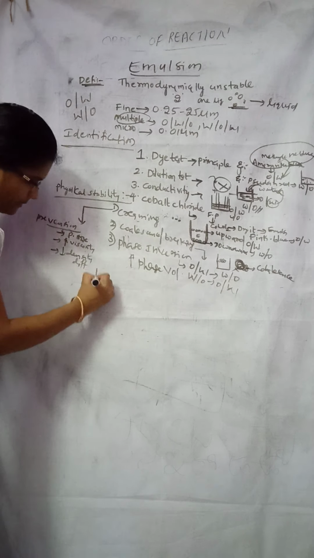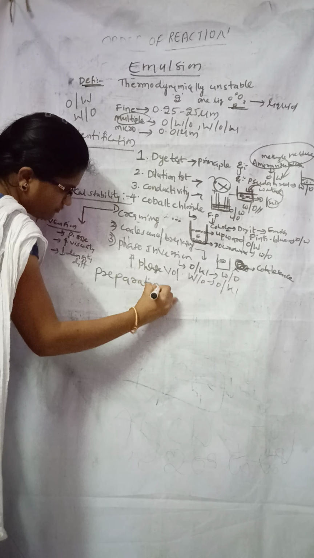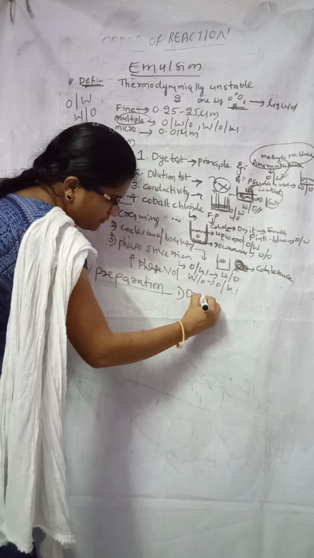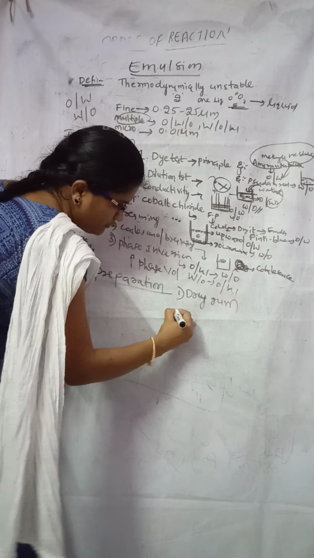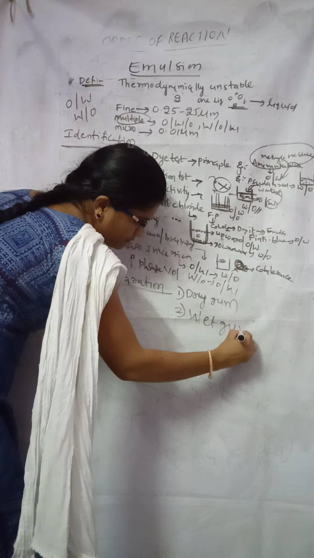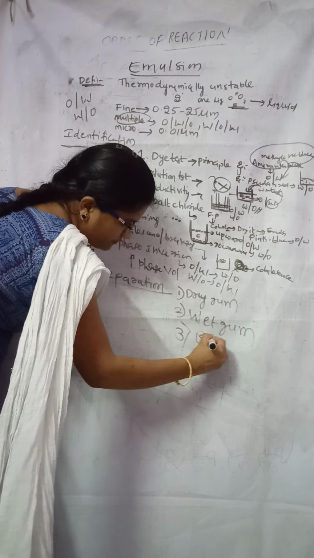Now the last topic, we will see the preparation. There are three methods for the preparation of emulsion: dry gum method, wet gum method, and bottle method.